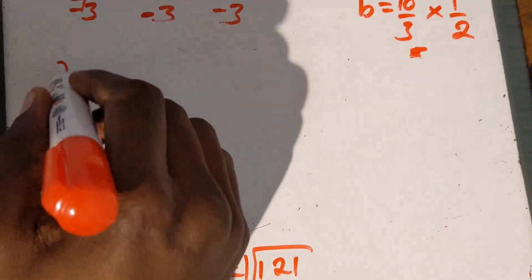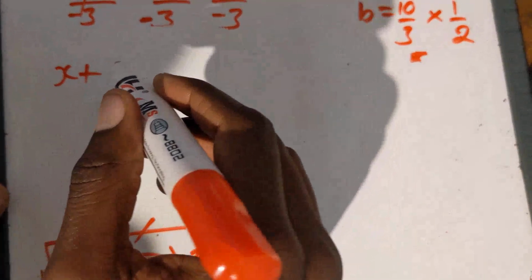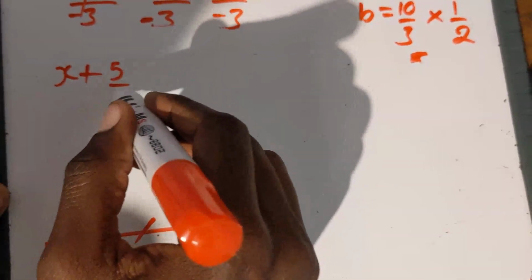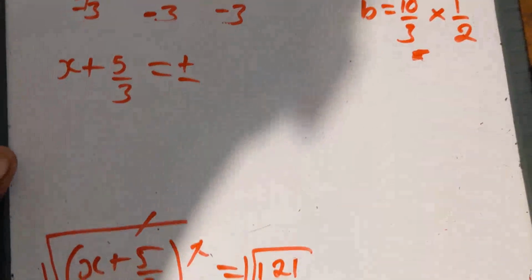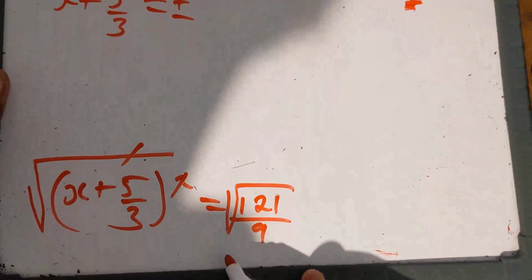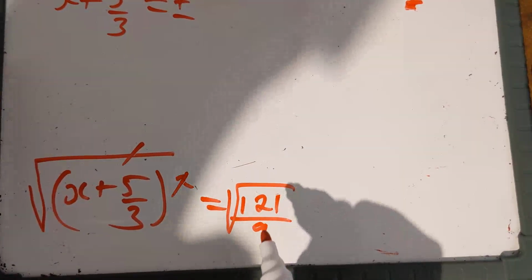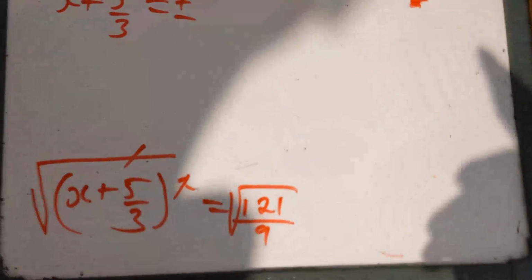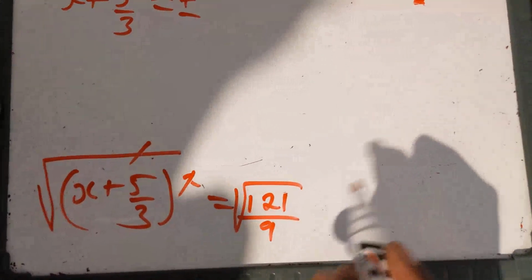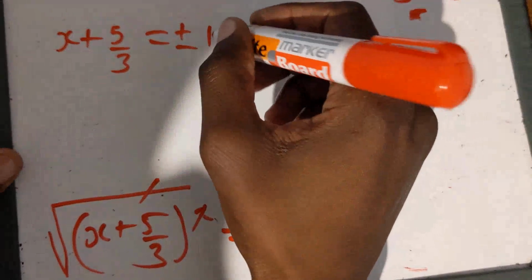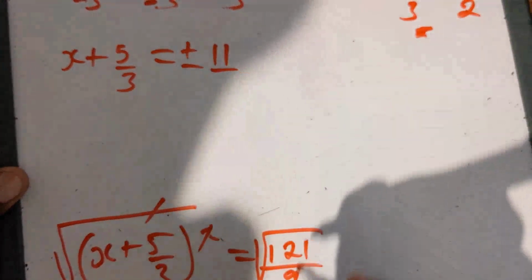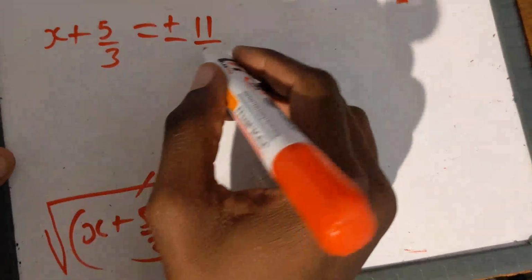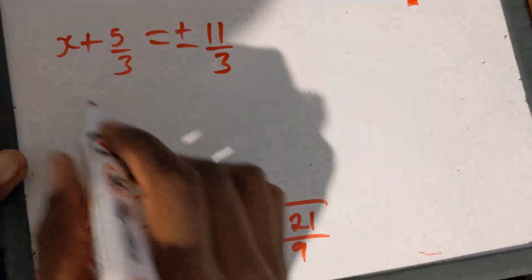So we are going to have x plus 5 over 3 equals positive or negative the square root of 121 over 9. The square root of 121 is 11, and the square root of 9 is 3.